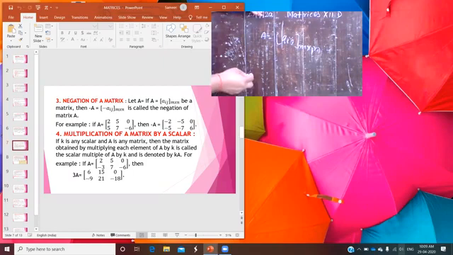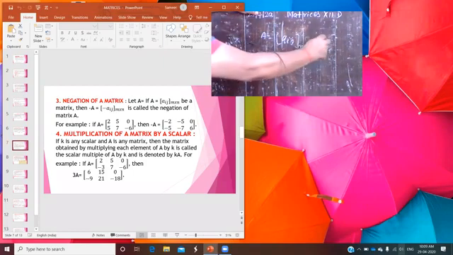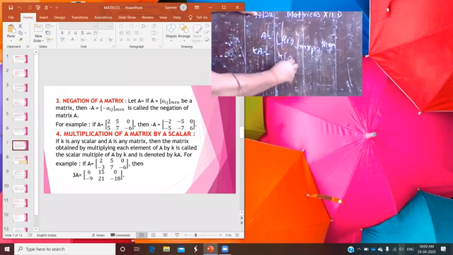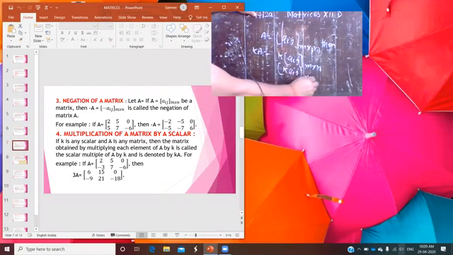Then k times A can be written as k times Aij of order m by n, and this k is multiplying to the inner side.